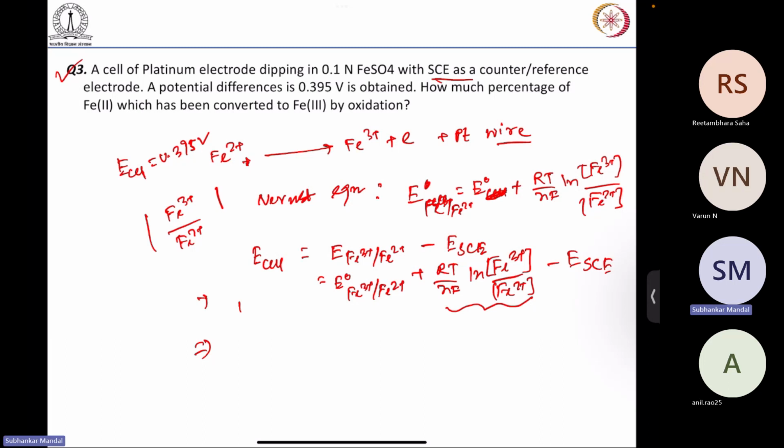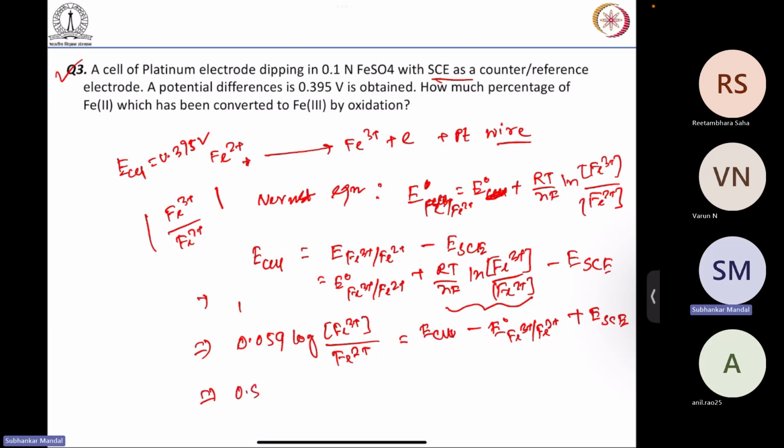As it is room temperature, we can write RT by nF as 0.059, as it is a one electron process, log of Fe3 plus by Fe2 plus, equal to E cell minus E naught of Fe3 plus Fe2 plus plus E of saturated calomel electrode.